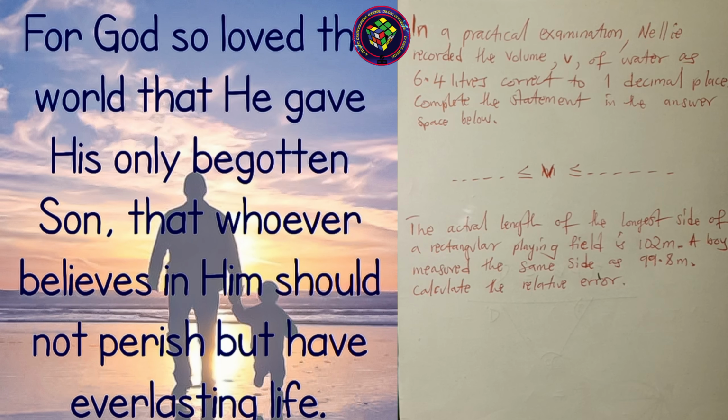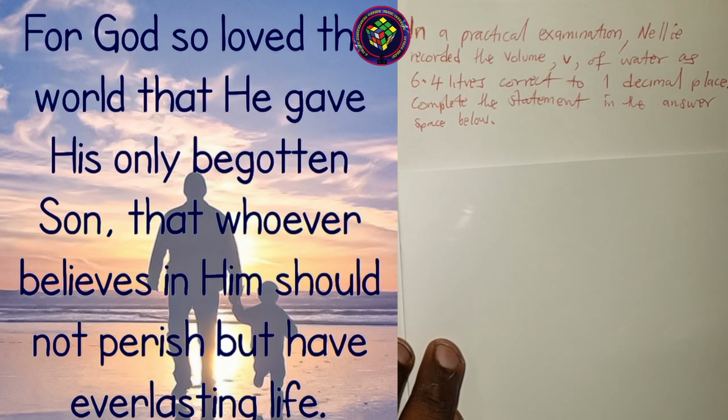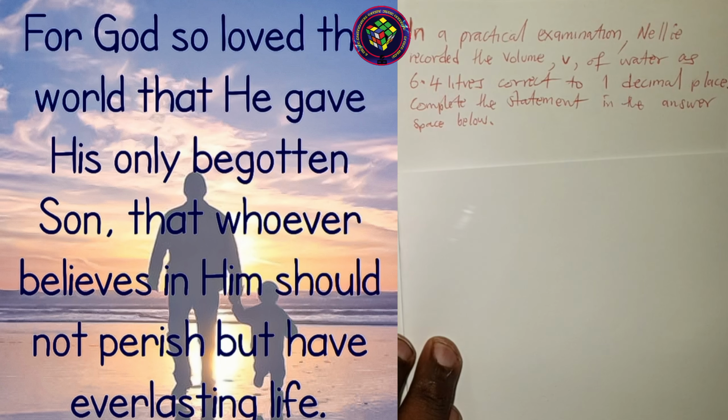Okay, so you know that for us to know the lower bound and upper bound, we need first to know the absolute error. Our measured value is 6.4. It is in 1 decimal place, and we know that if we have 1 decimal place, the least unit of measurement is 0.1.